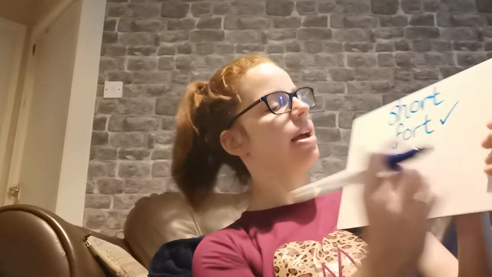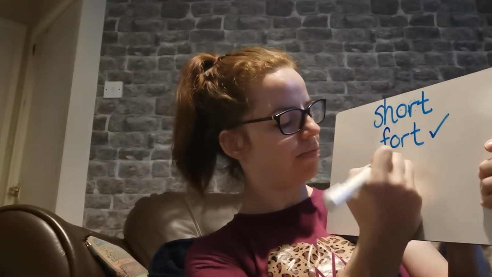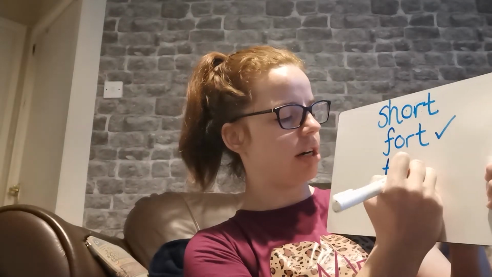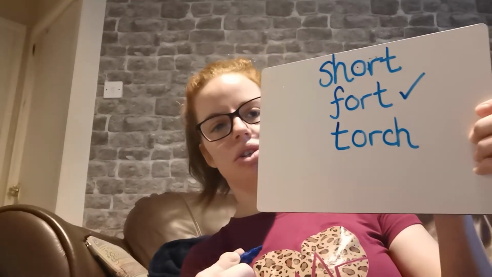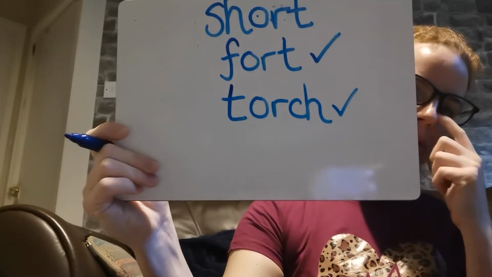All right, we have t or ch. T or ch. So when we write it, we have t, or, ch. Torch. If you got that right, give yourself a tick. If you got it wrong, please correct it.